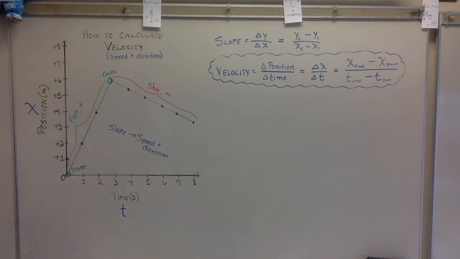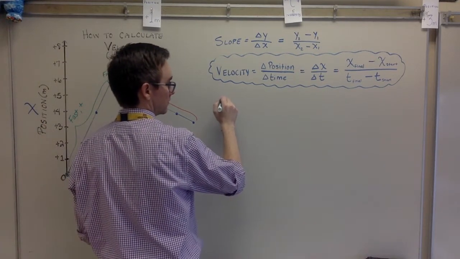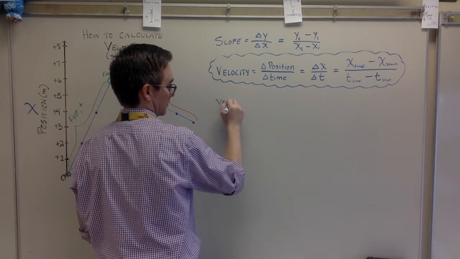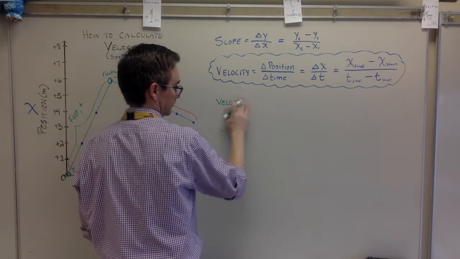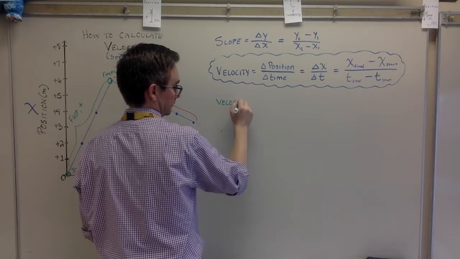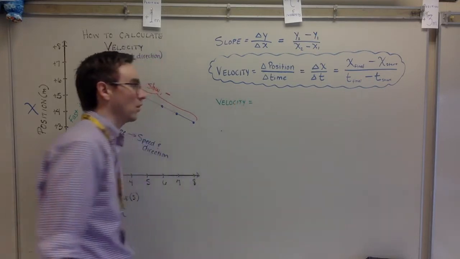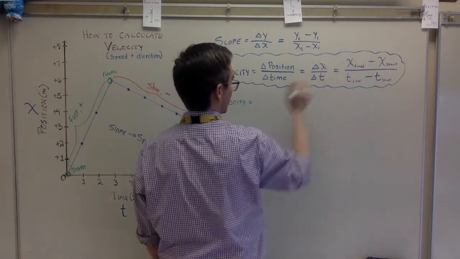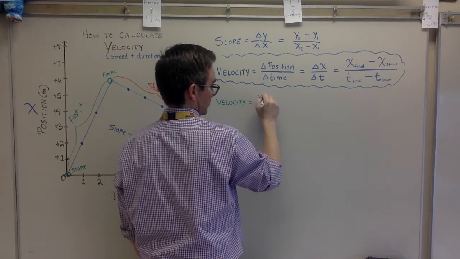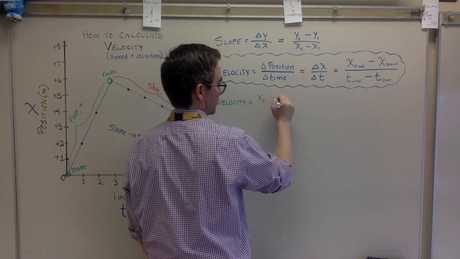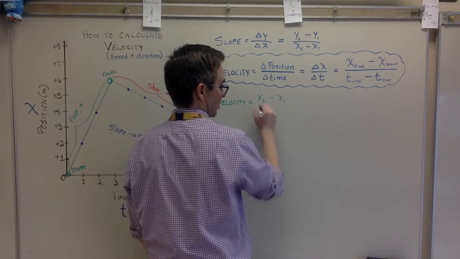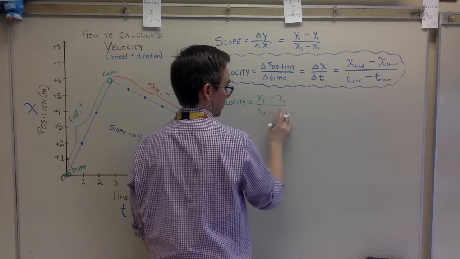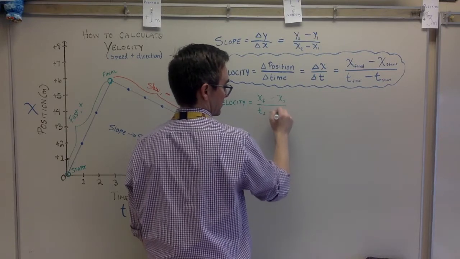All right, here we go. The velocity is going to be equal to, we're just going to go straight to this one, the final position minus the starting position, over final time minus the starting time.